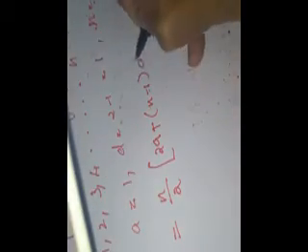So what you have to do is write down the formula, which is n by 2, 2a plus n minus 1 d. So that is n by 2, 2 into a, that is 1, plus n minus 1, d is again 1. So this is how it is coming.